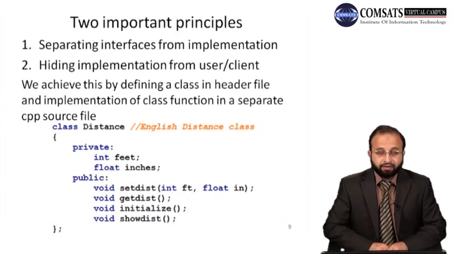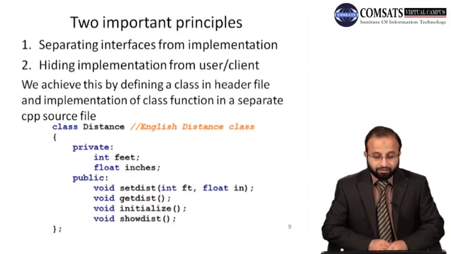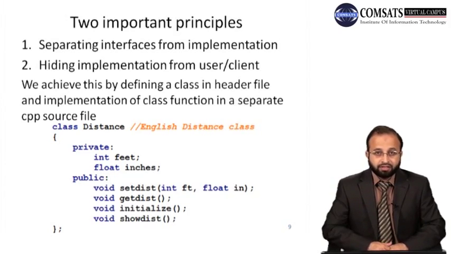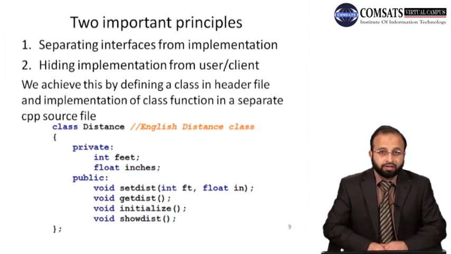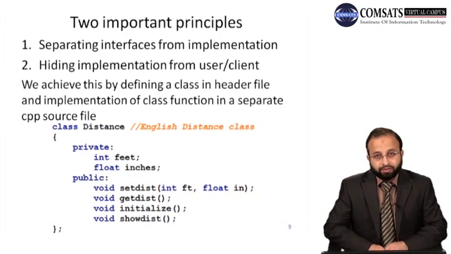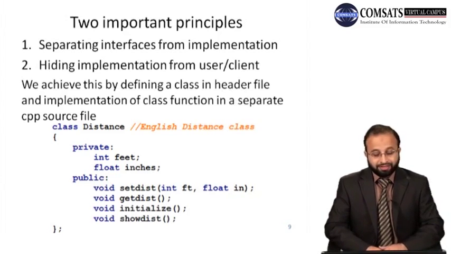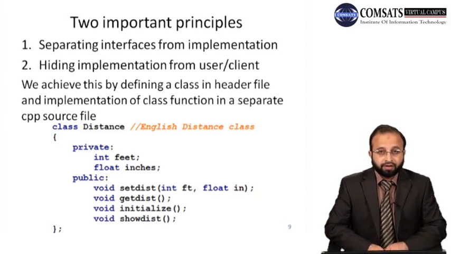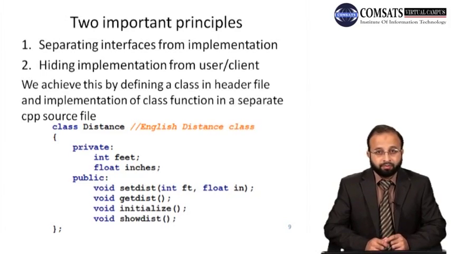But that is not actually enough to hide, because with this information, a user or a client knows what private data members exist in the distance class, what parameters you are passing to the function, and what the names of the functions are, and he can realize how these functions might work. So all the things are actually not hidden from the user, because a user can see the private data member of the class, since you are providing the definition of the class with the private data member and the prototypes of the public member functions of the class.